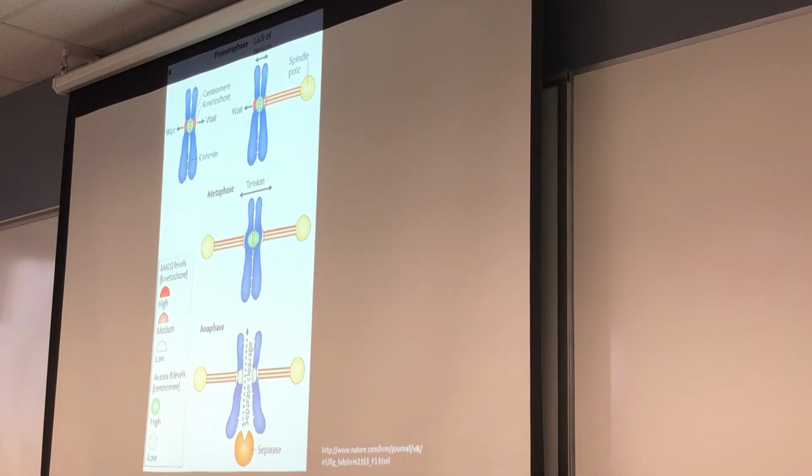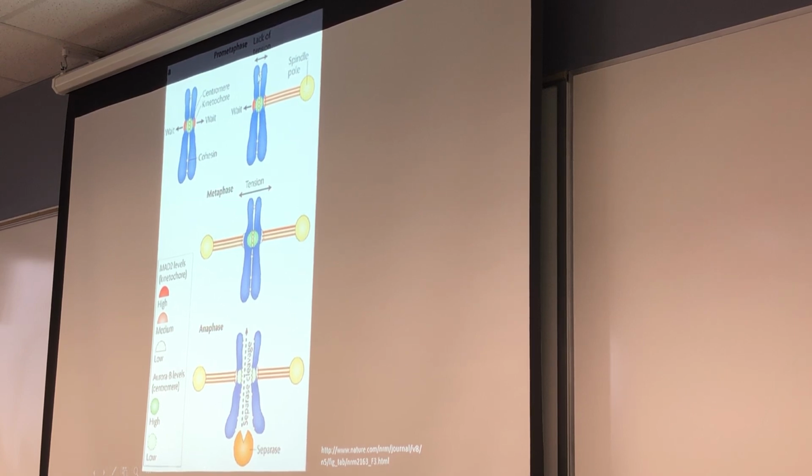Here, basically, I'm showing you what happens in the metaphase, going to the anaphase. In the prometaphase, you have the chromosome, okay? And you have the centromere, and the kinetochores that are bound to the chromosome at the centromere. Also, joining these sister chromatids, you have the cohesion proteins right here, binding the sister chromatids together. Then the microtubules are being sent by the microtubule organizing center in order to bind to the kinetochores.